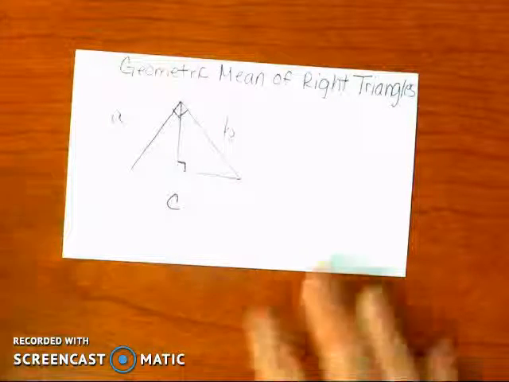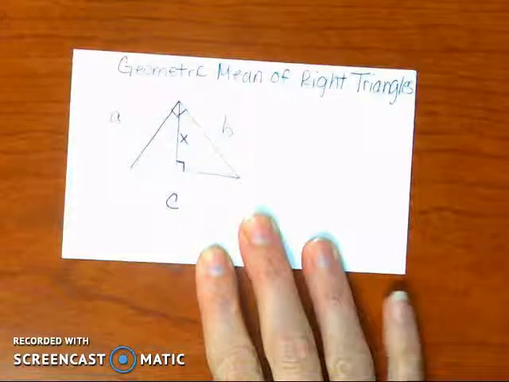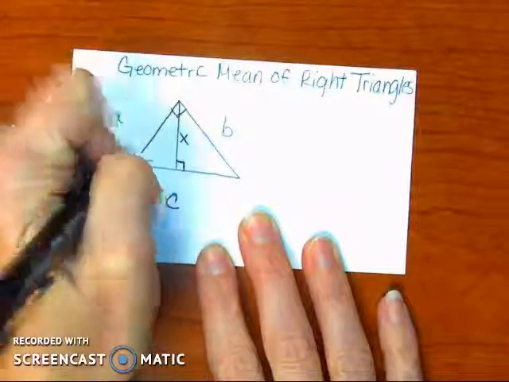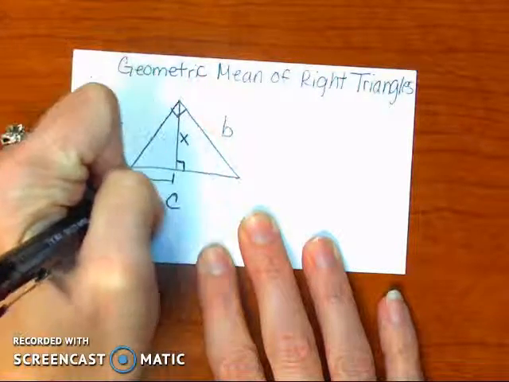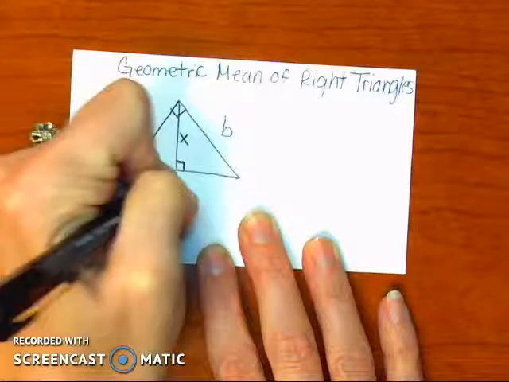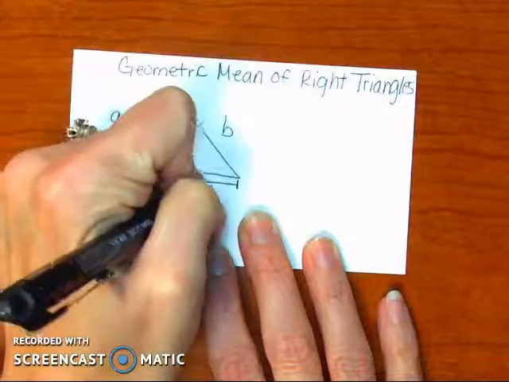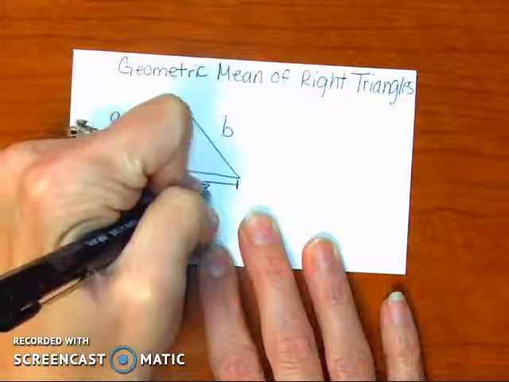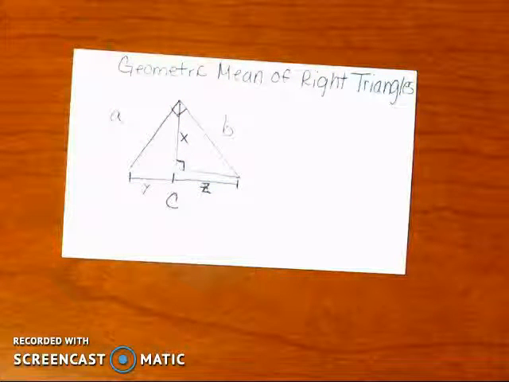I'm going to label the altitude X. Then I'm going to label my left side Y, so this part's going to be Y. And from there to the other end of the triangle, that's going to be Z.